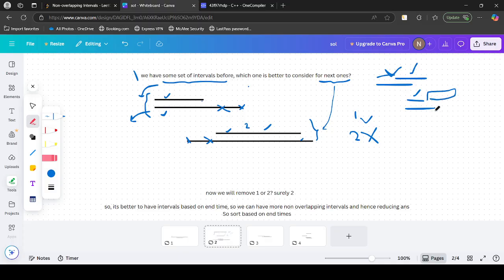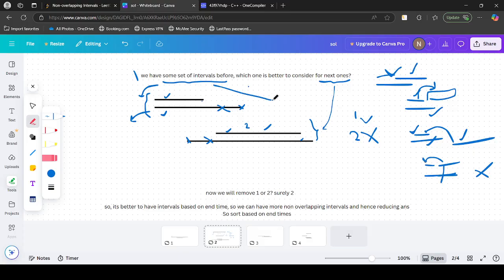If some intervals pair with the bigger one, they will surely pair with the smaller one as well. For example, these two are intervals and this is the new interval. It can pair with this as well, but it can be paired with this also. So anything satisfying the bigger one will satisfy the smaller one as well. But an interval satisfying the smaller one will not satisfy the bigger one. Because let's say this is the interval, and this can be paired with this, but this cannot.